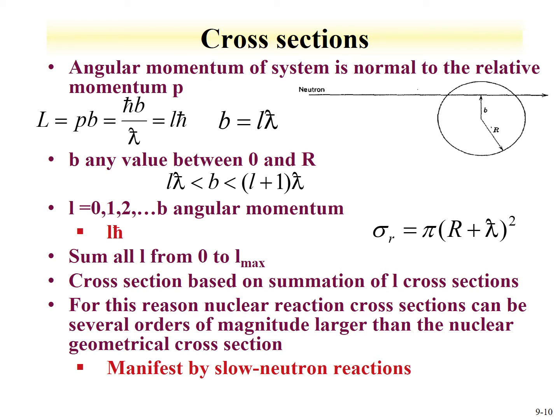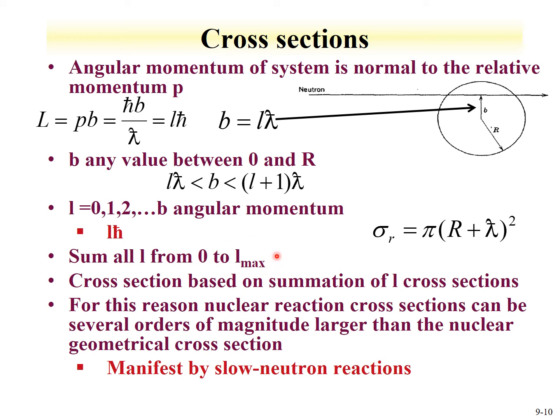We can evaluate the cross-section by using the impact parameter and the system angular momentum along with the de Broglie wavelength, where this impact parameter can now be replaced by this quantum term, the angular momentum, and the de Broglie wavelength, the wavelength of the particle. Now we can look at this, and the impact parameter can have any value between 0 and R. So the possible ranges are listed here, where the orbital angular momentum goes from 0 to its maximum value, and we can now sum all these terms.